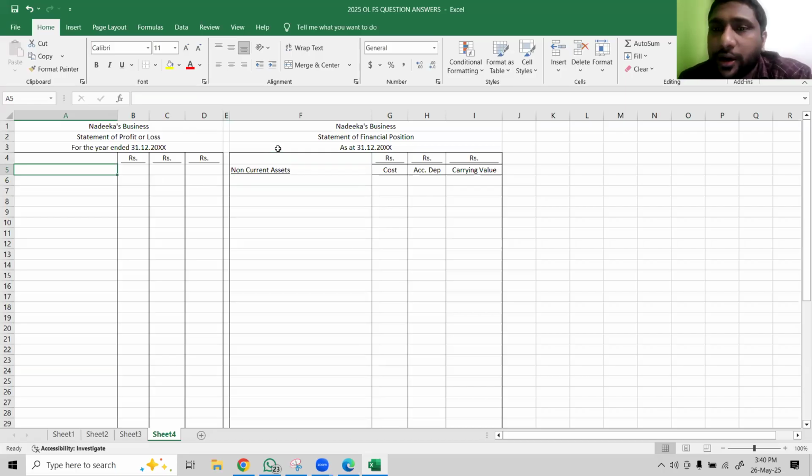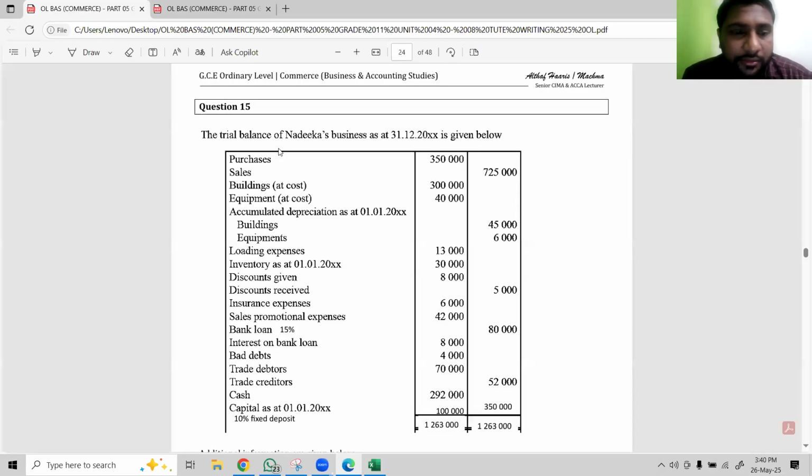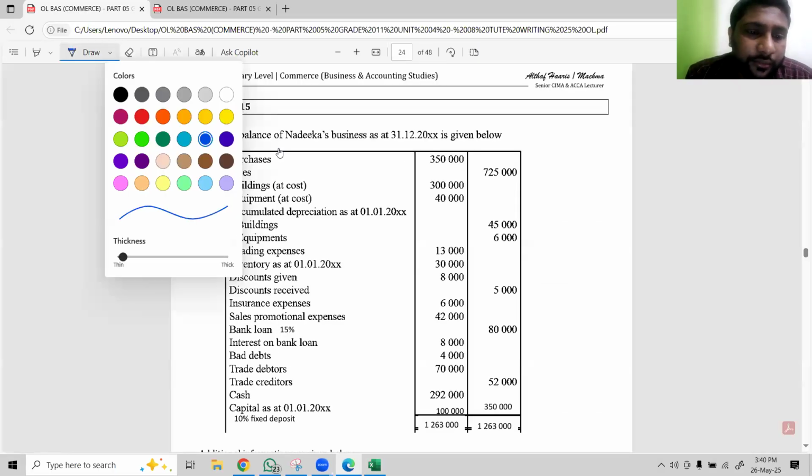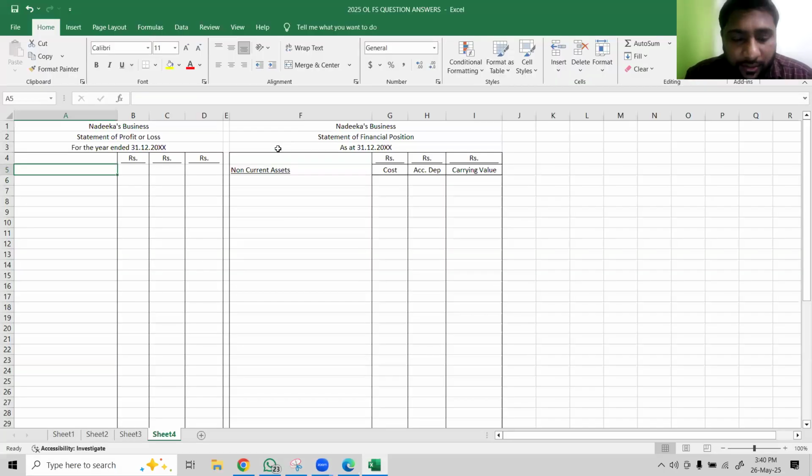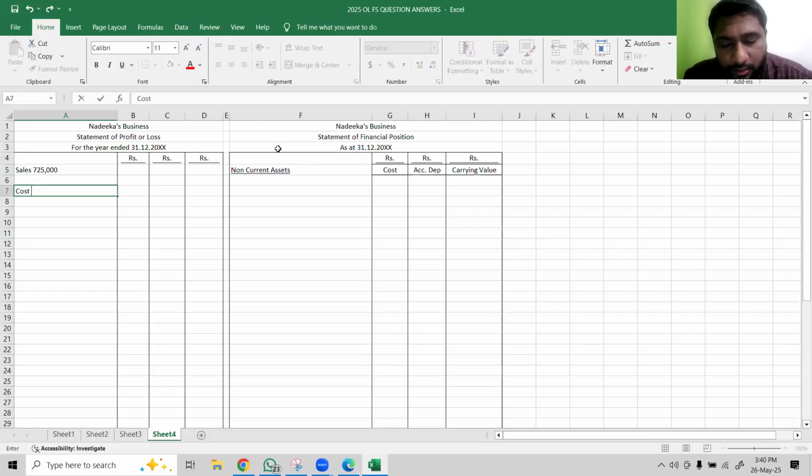So now we'll start recording the items in the trial balance. Sales are there, 725,000. Then we can move to the cost of sales.